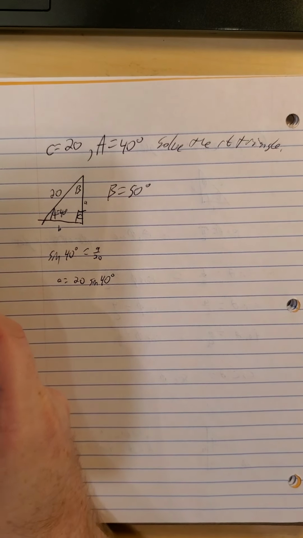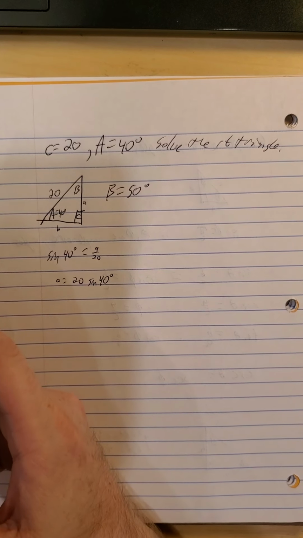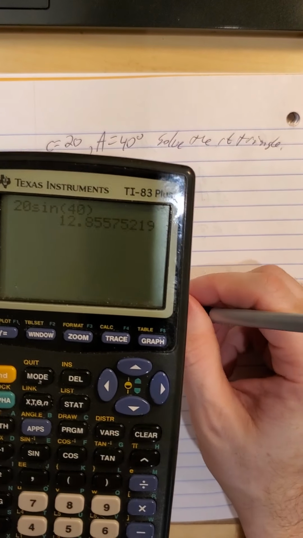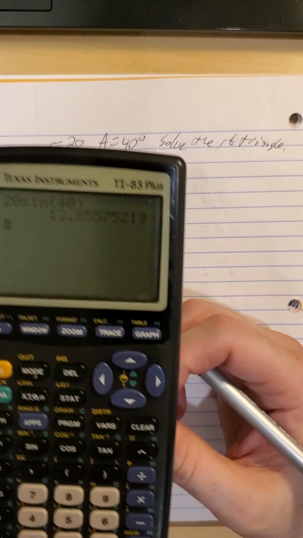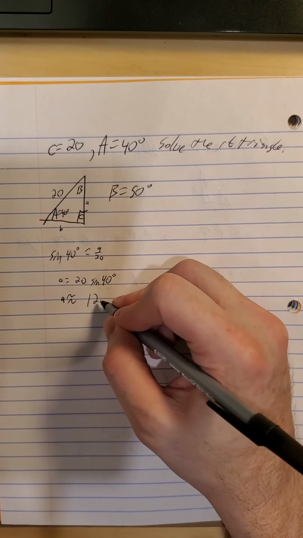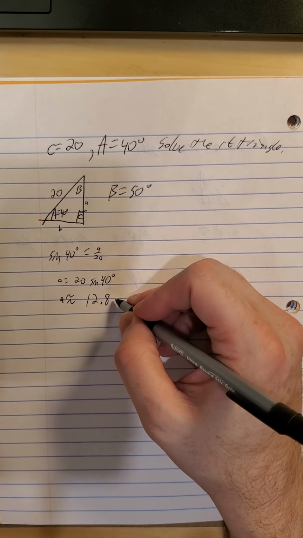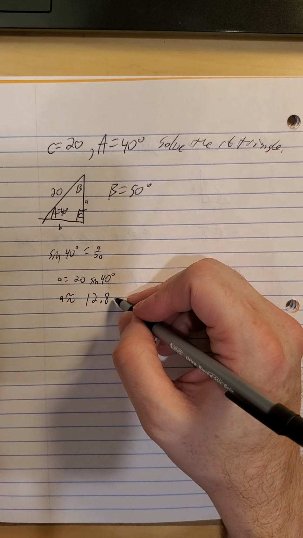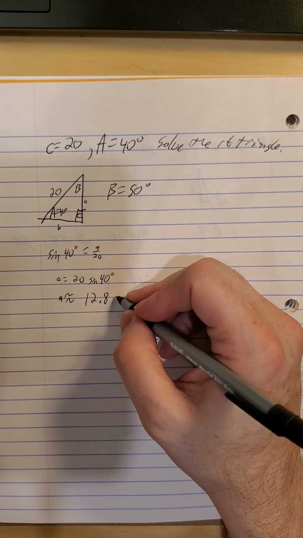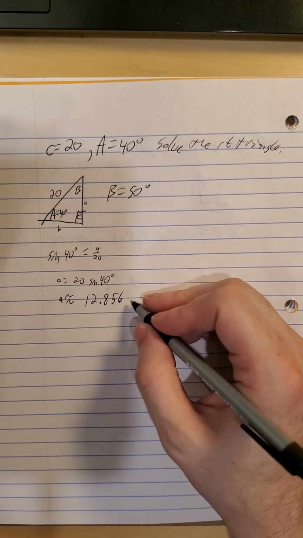So then 20 sine of 40 in degrees, approximately 12.89. Or my apologies, we're not getting that, 8.5575, so approximately 8.56.